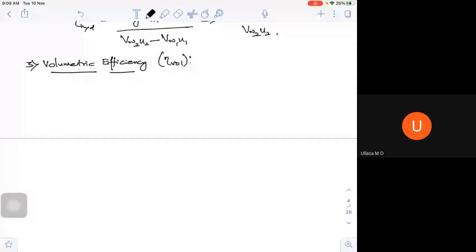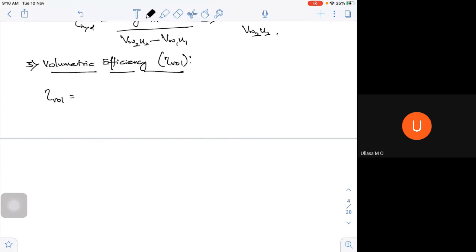What is it actually? I could see that there is a little bit of fluid exiting the pump, but the fluid that is entering is a little more. The fluid entering is more, but exiting is less. That is your volumetric efficiency.